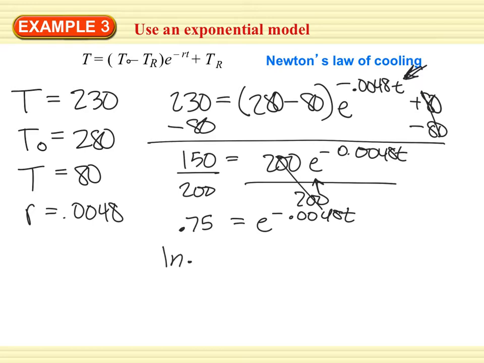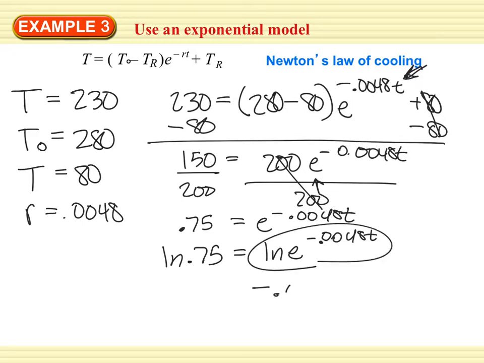Now I'm going to take the natural log of both sides because the natural log of e raised to something, actually, this right here simplifies to just 0.0048t.